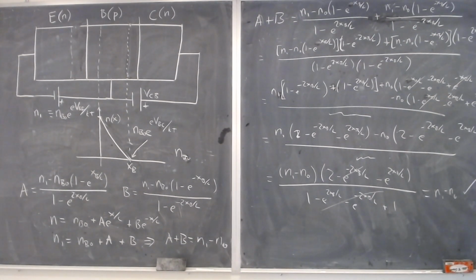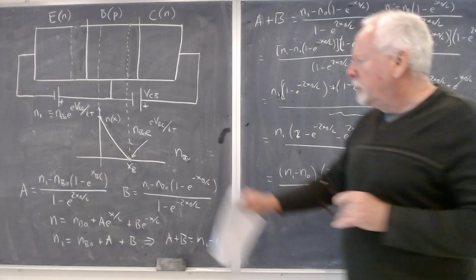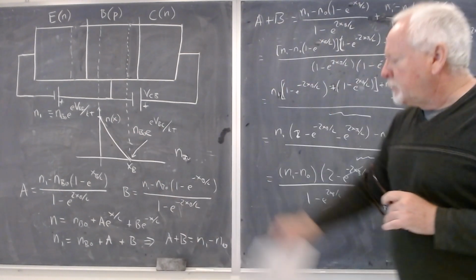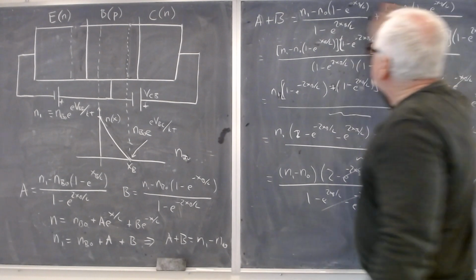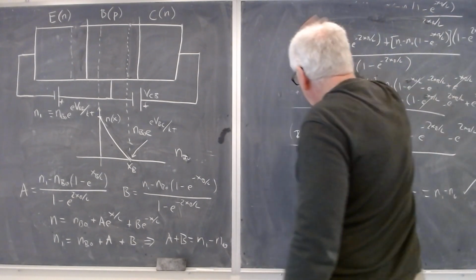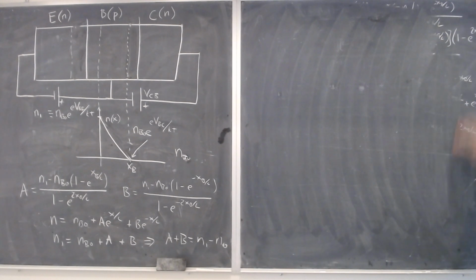Okay, so that was just to show you that all this is correct, that those A and B values give you the correct boundary conditions when you plug them in, particularly at x equals 0. You could do the same thing at x equals xb, and you would show that they work. All right, so now the fun part. Let's take our solution and have a look at it.